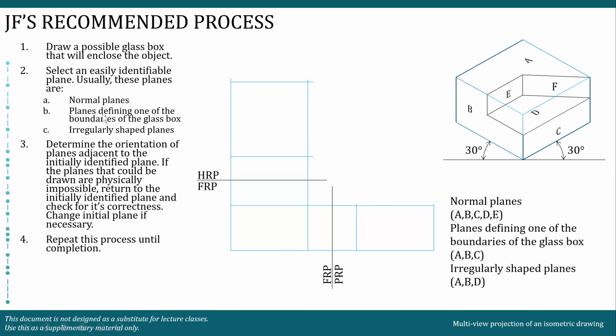Sabi natin, yung mga easily identifiable planes, either normal plane, boundary plane, o kaya irregularly shaped plane. If you will notice here, A, B, C, D, and E, they're all normal. So, I can choose any of them as my initially or easily identifiable plane.